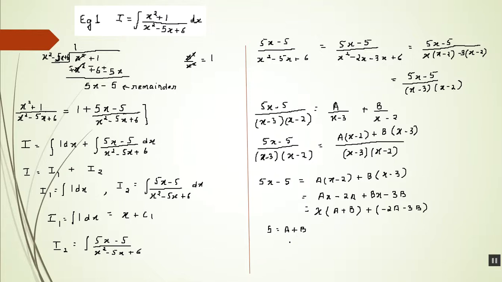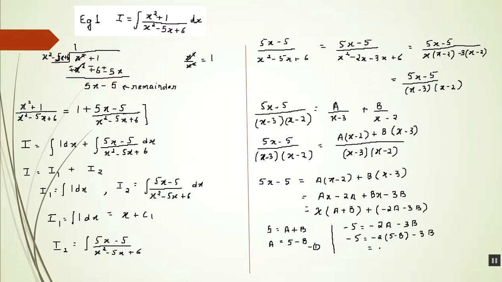Therefore, a is equal to 5 minus b. This is my first equation. Now, I compare the constants. So, I'll get minus 5 is equal to minus 2a minus 3b. Now putting the value of a here, I get minus 2 into (5 minus b) minus 3b.